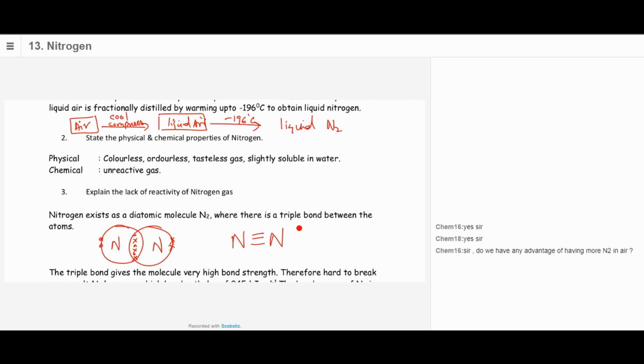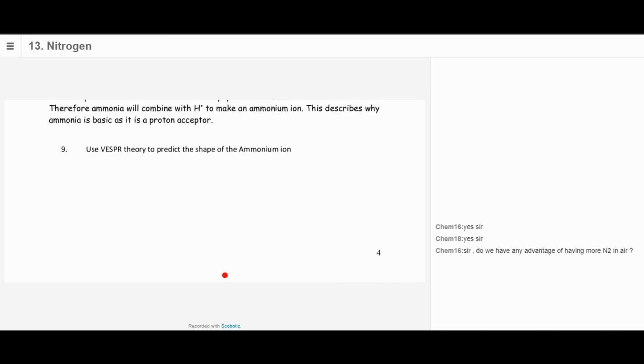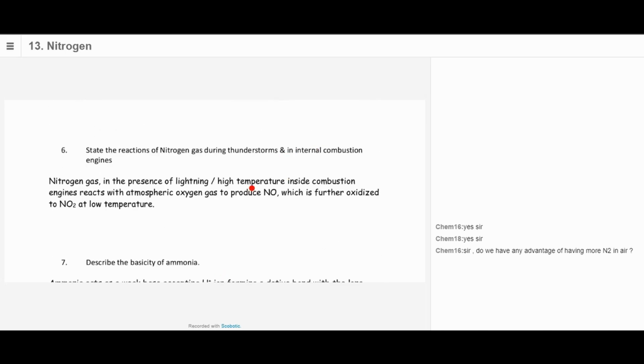It's much cheaper to use nitrogen, because argon in the atmosphere is about 0.9%, less than 1%. So even though nitrogen is not 100% inert, you can use nitrogen inside reaction vessels or inside bulbs in order to give an inert atmosphere. Those are the uses of nitrogen gas.